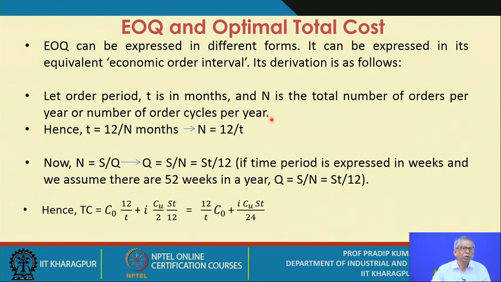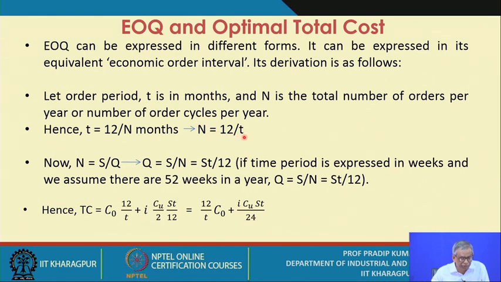That means you count how many order cycles are accommodated in a year, the 12 months time. So the order period is nothing but 12 by N months, if the measuring unit is month.